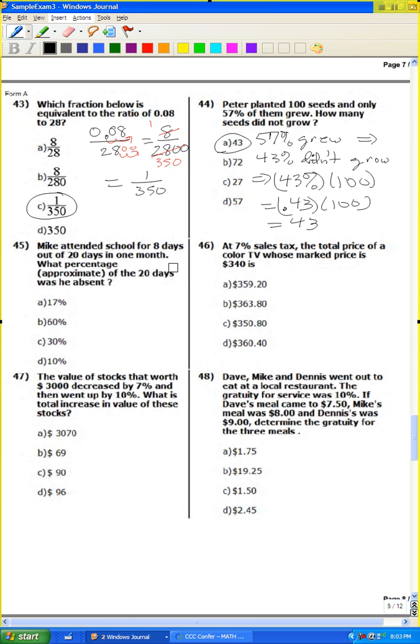And so what was his percent that he was absent? Well, 12 out of the 20 days, let's multiply by 5. So that's 60 over 100, which is 60%, since percent is same as division by 100. So he was absent for 60% of the days. That's a lot.